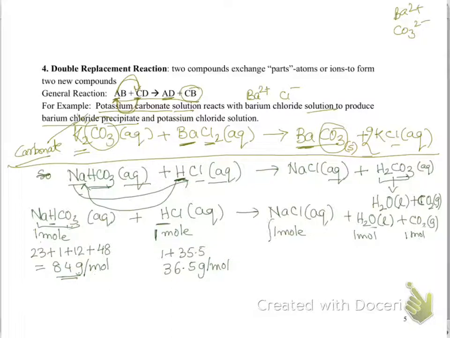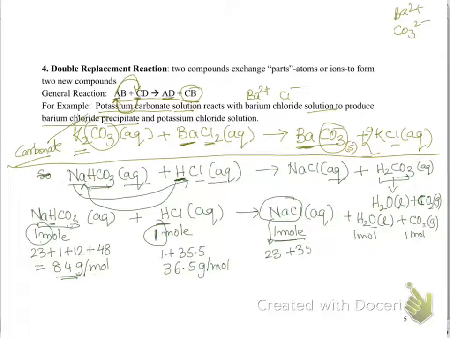Let's do NaCl. Let's say we are adding HCl into sodium bicarbonate because we want to make NaCl. That means we are mixing them in 1:1 ratio, and then we'll make 1 mole of this. And 1 mole of sodium chloride means how many grams? The mass of 1 mole of sodium will be 23 grams.